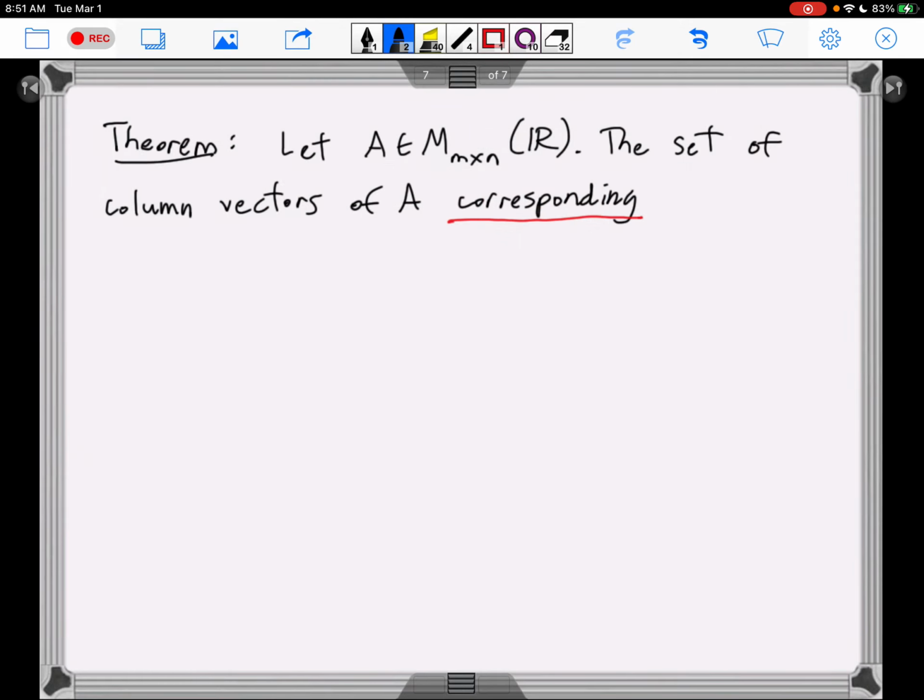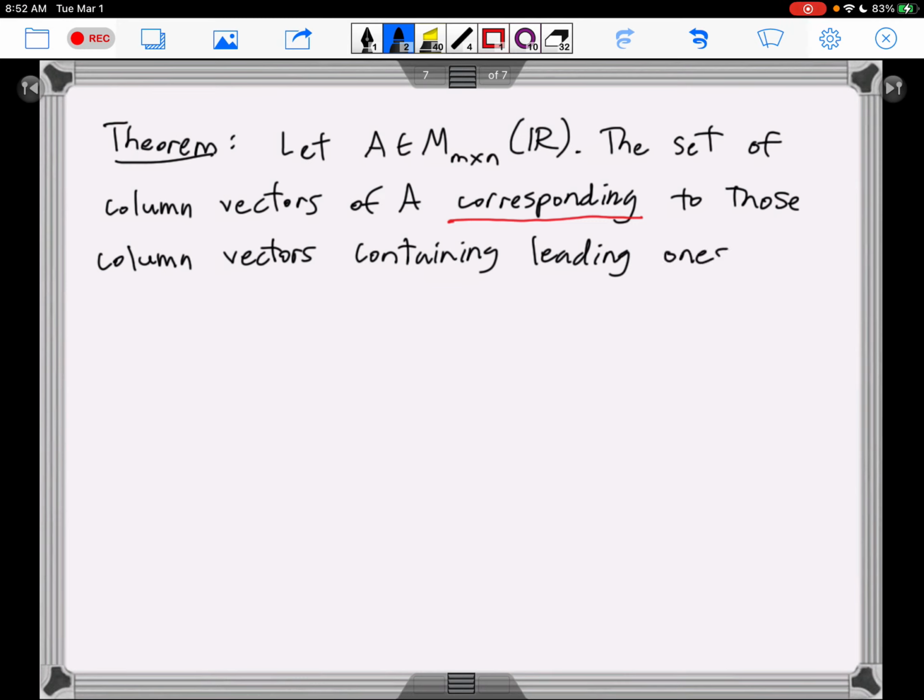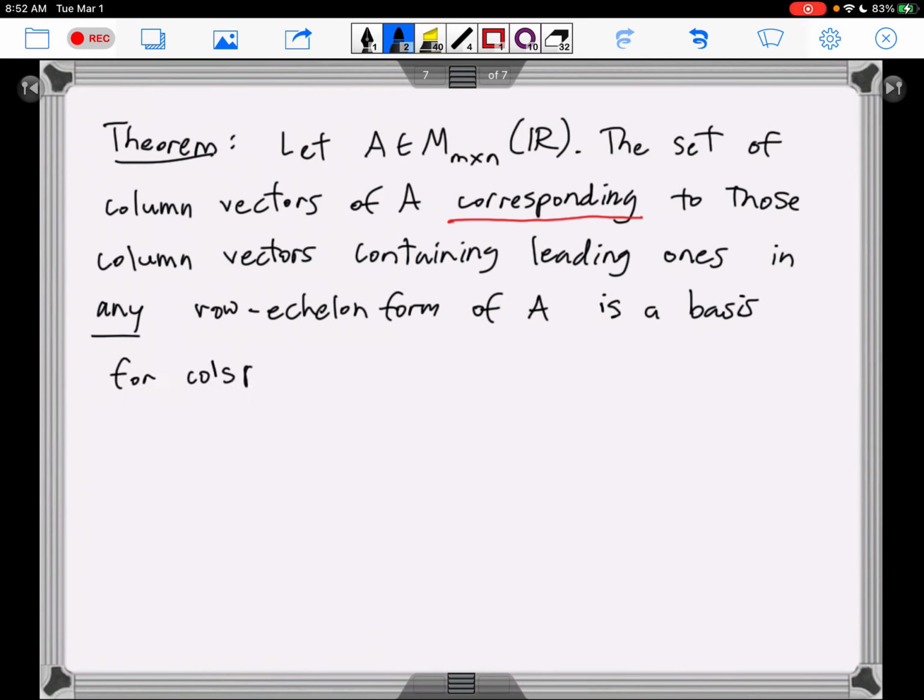The set of column vectors of A corresponding to those column vectors containing leading ones in any row echelon form of A is a basis for the column space of A.